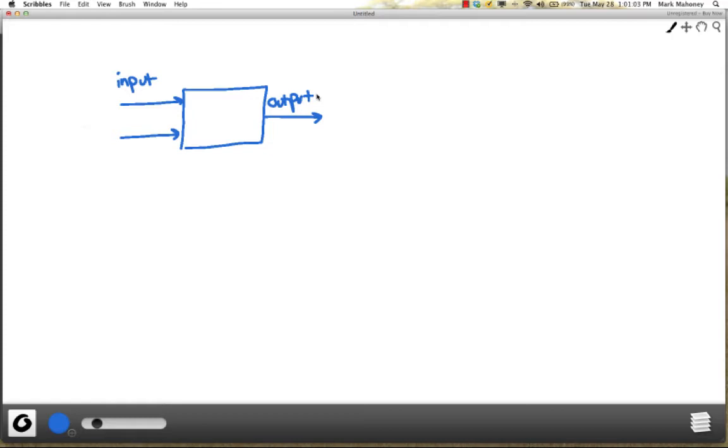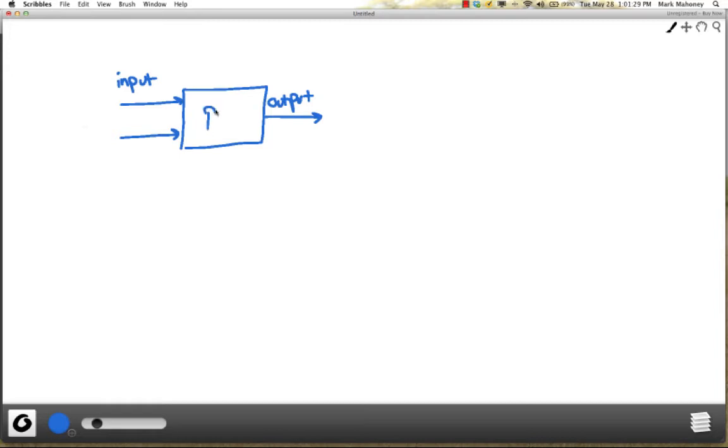So when analyzing, a programmer needs to know where the inputs are going to come from and where the output should go. So the inputs to a program might come from the user at, say, a keyboard, or maybe a gamer using a game controller, or maybe a bank customer at an ATM. Okay, the output, well, that might go to a computer screen, it might go to a database, it might even be the input to another program.